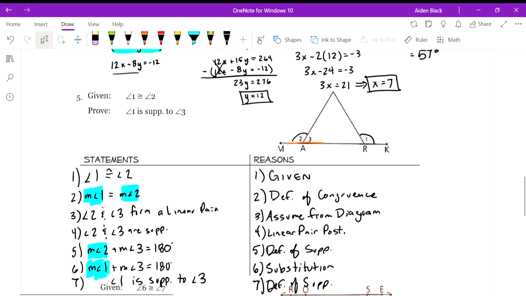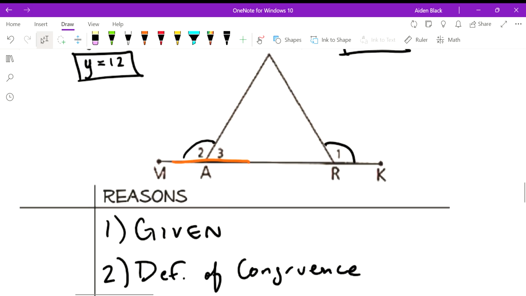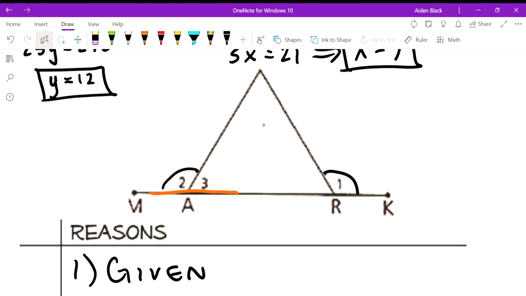So I'll give you a quick view of this in the diagram. What we were given was that angle 1 is congruent to angle 2, as well as the diagram. Now let's just say angle 2 is 130 degrees. If angle 2 is 130 degrees and angle 1 is congruent to it, we should know that angle 1 is also 130 degrees.